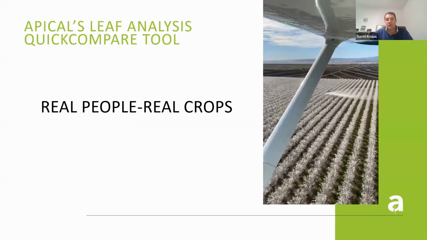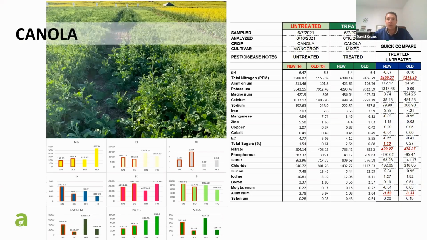So there's a number of different analyses that we've looked at over the years where we find these imbalances. And I'm just going to show you a few here, where the imbalances are showing up, right? And when we start to compare new leaf to old leaf or treated to untreated. So in this situation, this is a canola crop.